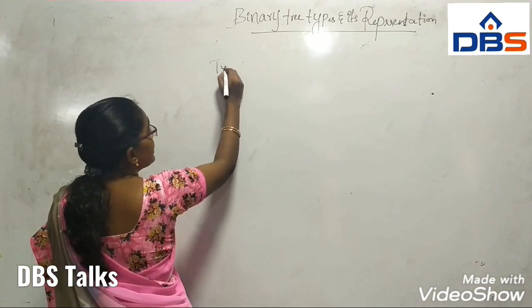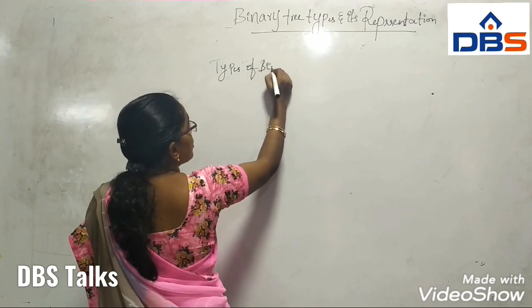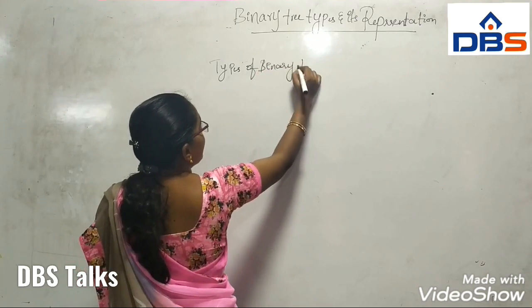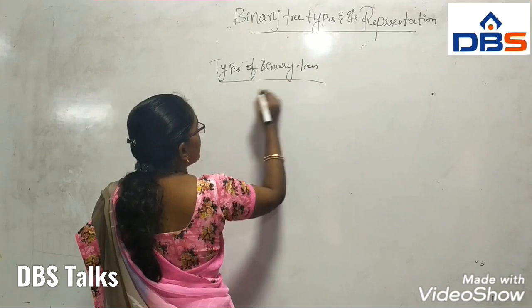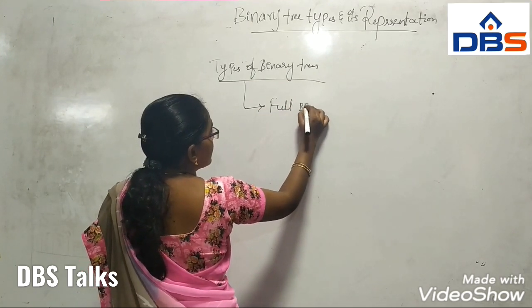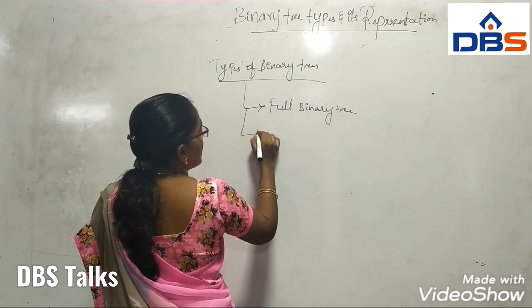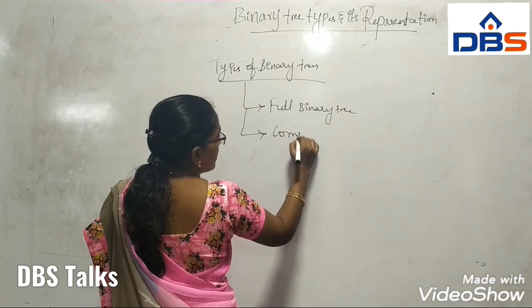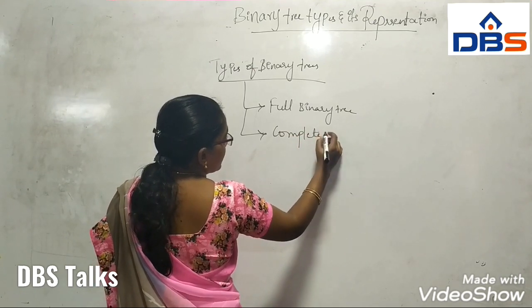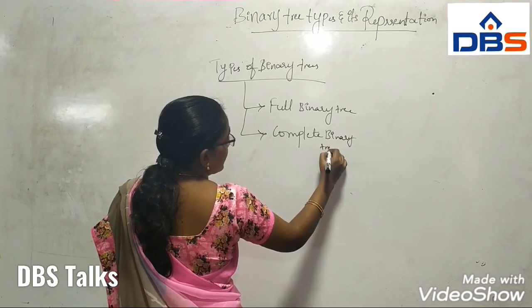Now let us see the types of binary trees. First, full binary tree. Second one is complete binary tree.